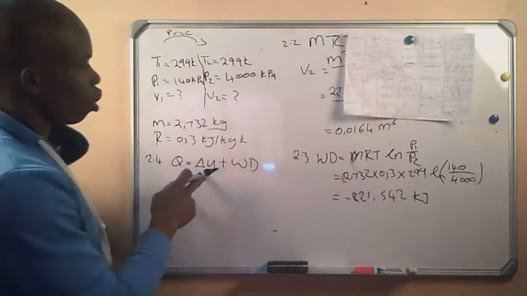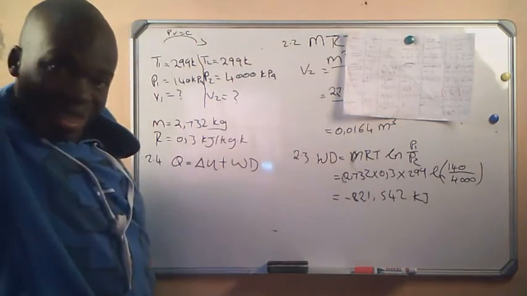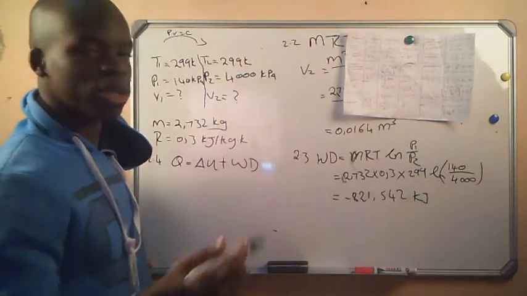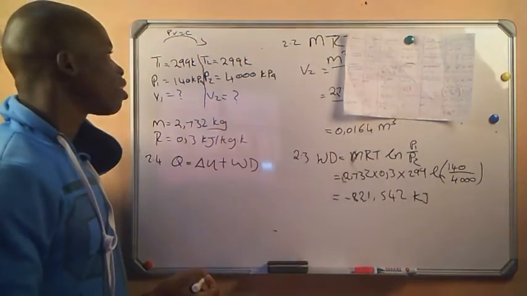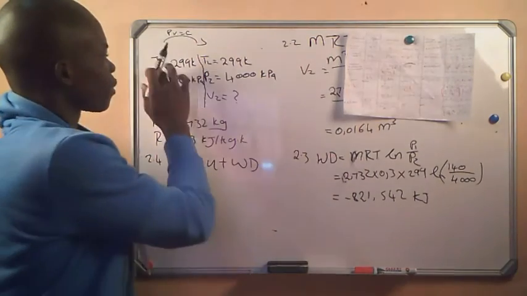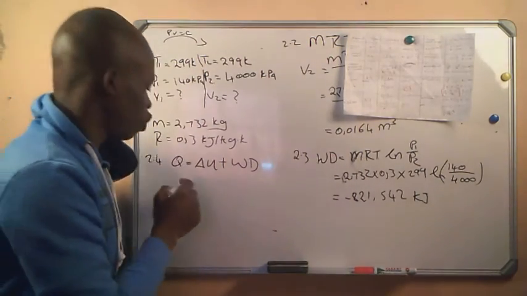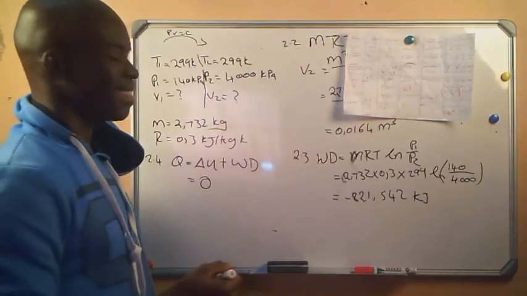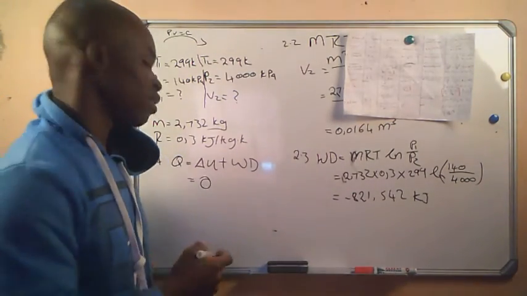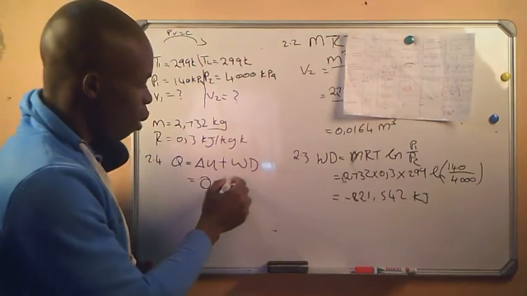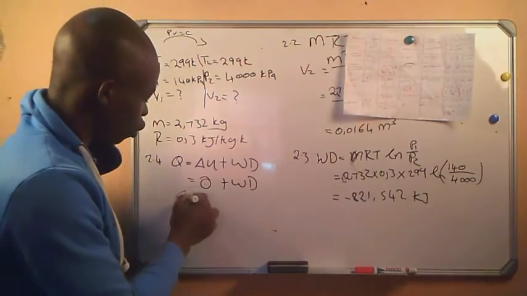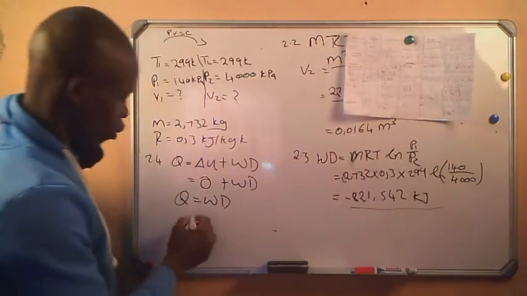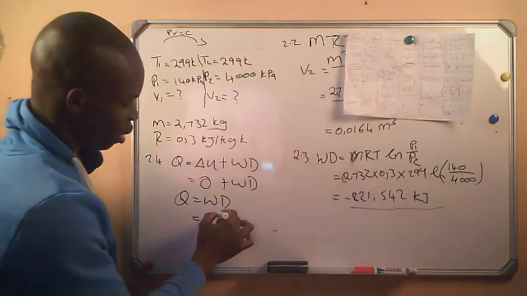And then we know that our work done is a result of temperature decrease or temperature increase. But in this case, we are dealing with a constant temperature, which means we will have our change in temperature as 0, since there is no temperature difference, plus our work done, meaning that our Q is equal to work done.